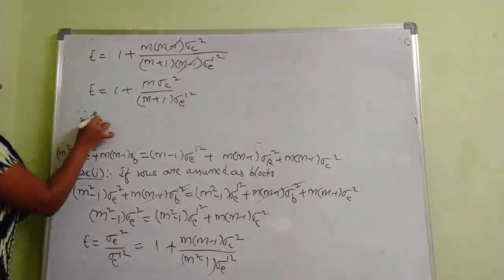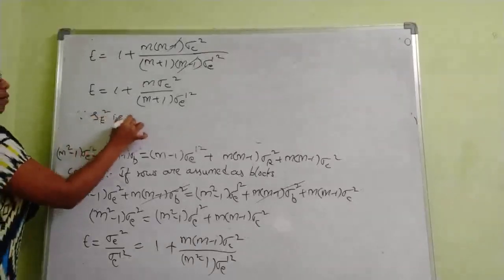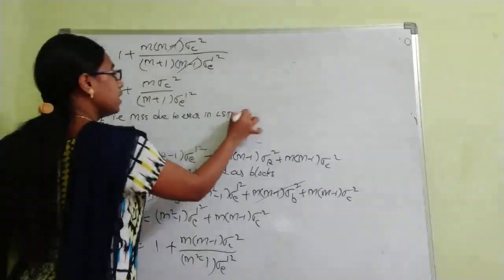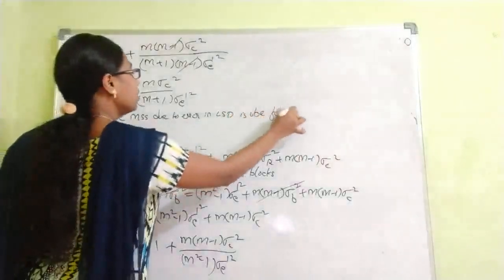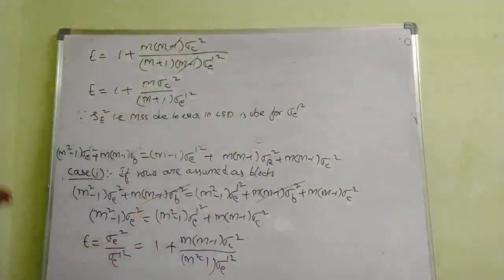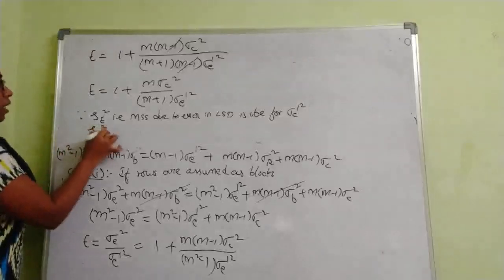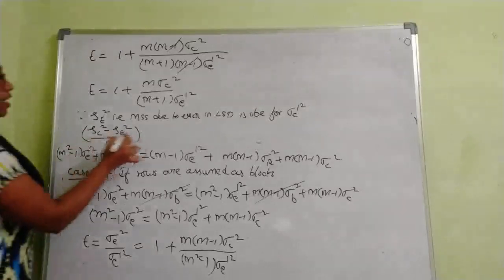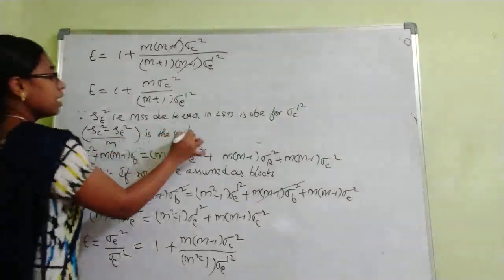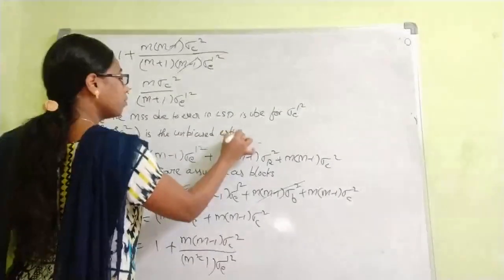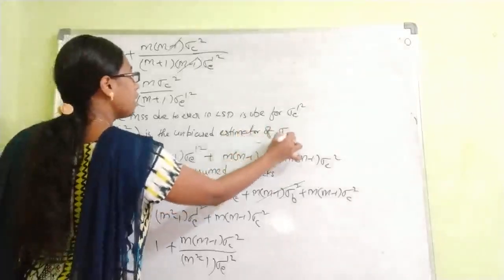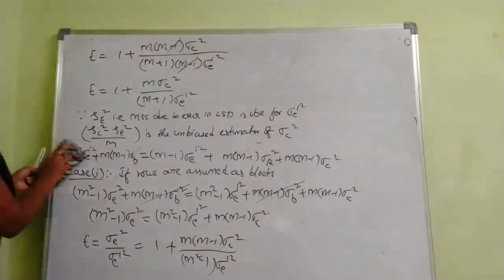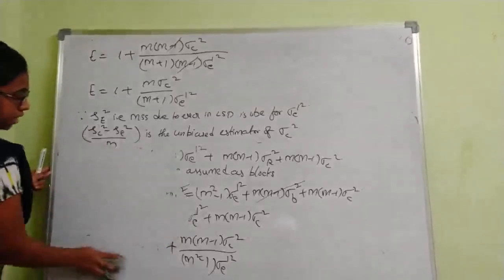Since SE square, that is the mean sum of squares due to error in LSD, is the unbiased estimator for sigma e dash square, and one more thing, SC square minus SE square by m, which we have done in the previous class, is the unbiased estimator for sigma c square. So we are considering the columns.